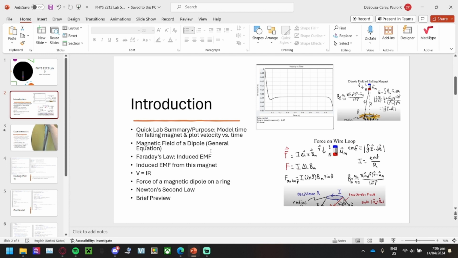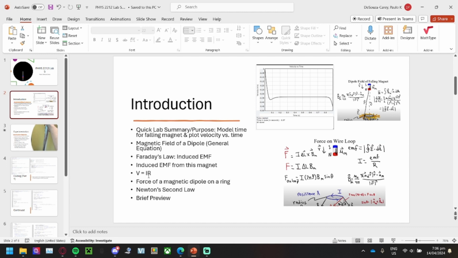Formulaically, the time derivative of flux is equal to the magnitude of your EMF, your generated volts. Then you use V equals IR, and you can solve for your induced current based on your resistance and your induced EMF.